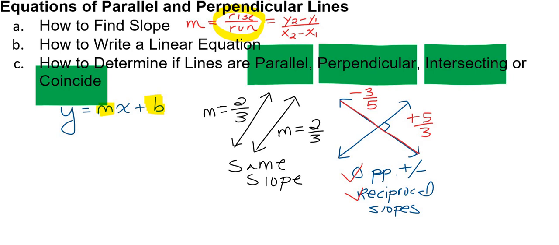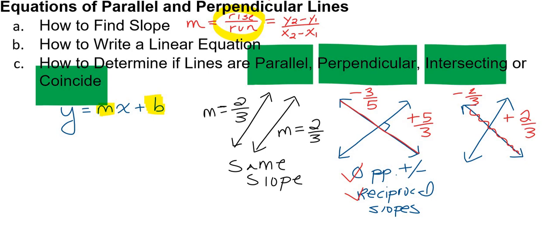Now, if the lines are simply intersecting, meaning they're crossing, but they're not forming right angles, they can have any other combination of slopes. So I'm going to do an example that may kind of trip you up sometimes. If I had this slope as negative 2 over 3 for my downwards line, and then the other one had a positive 2 over 3, those two slopes would tell me my lines are simply intersecting.